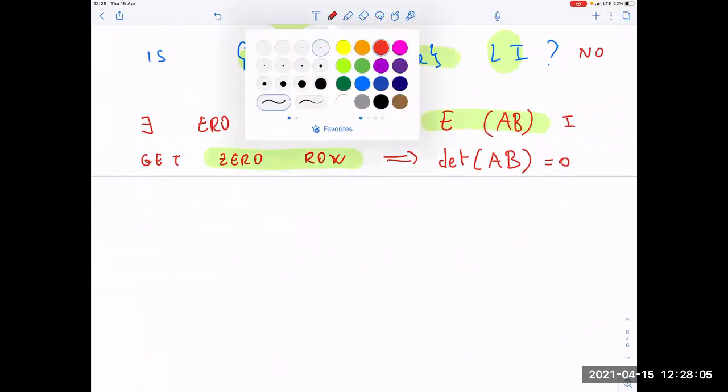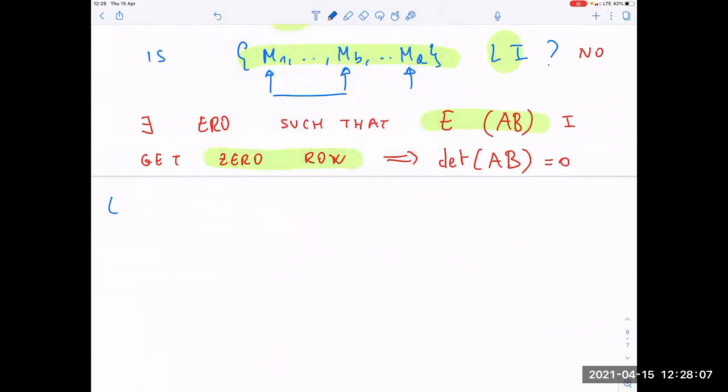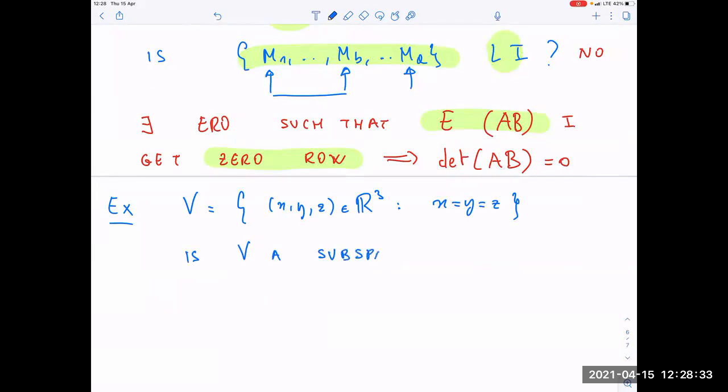Before doing that, let's speak about one more of these subsets. So X, Y, Z in R3, such that X equals Y equals Z. And we ask if V is a subspace of R3 or not.